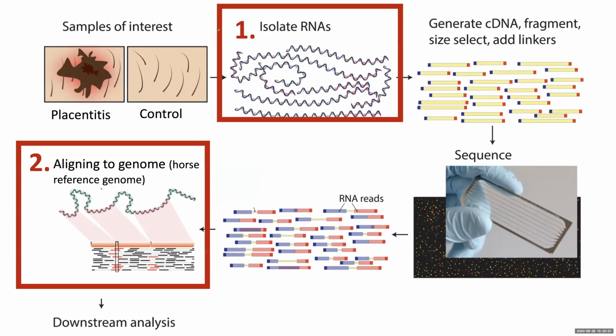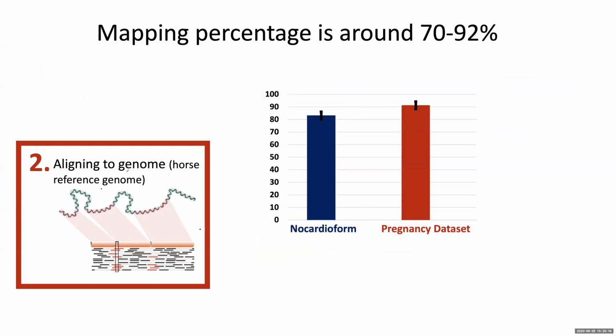The other thing about RNA sequencing is that when you align it to the reference genome, in our case the horse reference genome, it's not 100%. Most of those reads that you align to the horse genome will map, but not 100% of them. So what are they? Are they junk?